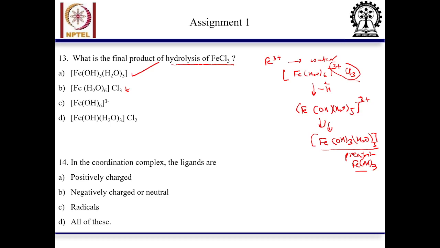In coordination complexes, the ligands are positively charged, negatively charged, or neutral, radicals, all of these. Can anyone just tell me what will be the answer for question number 14?